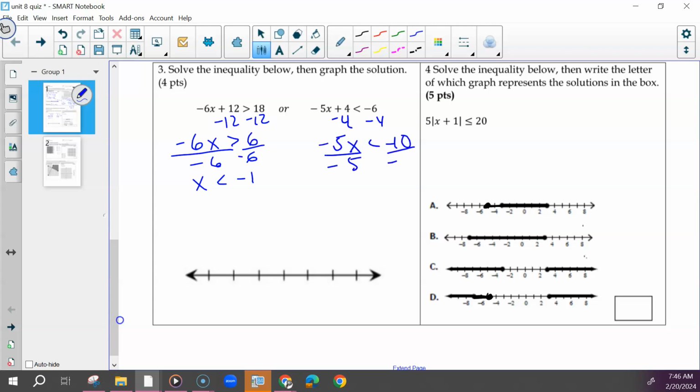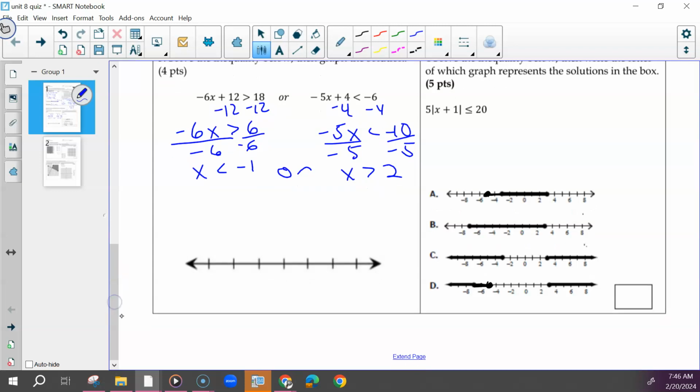In both of them, both signs would have changed. Make sure you have the word or between your final 2 inequalities. Many of us missed that part. And then you could have put whatever numbers you want here. You just needed both of these in there.